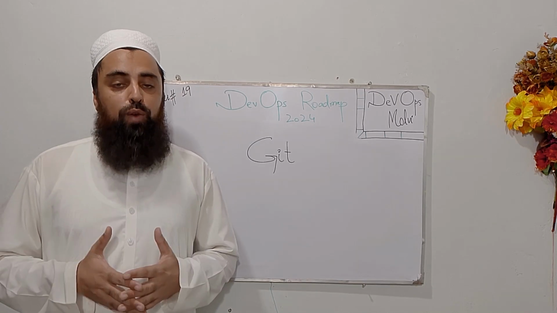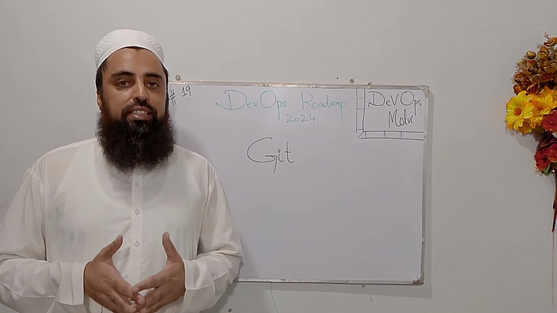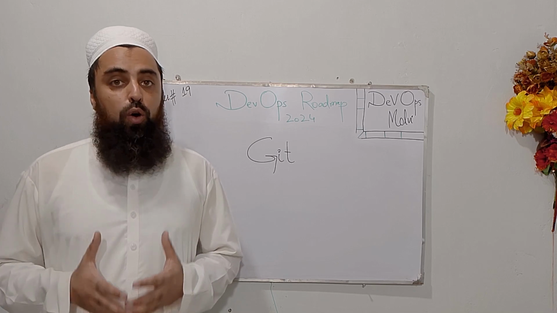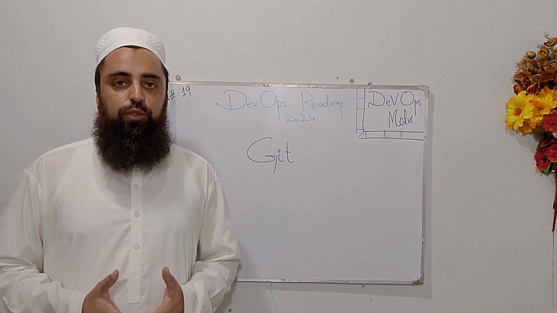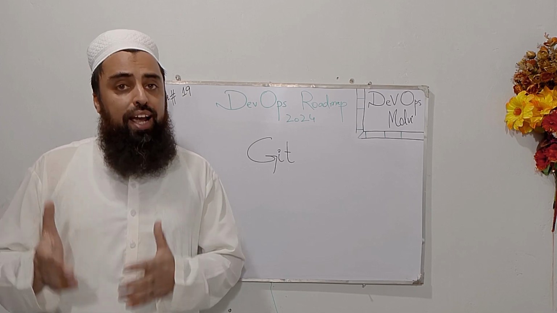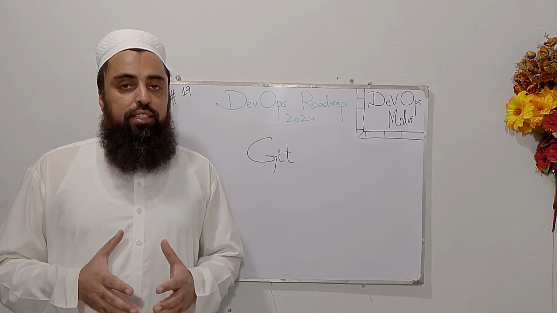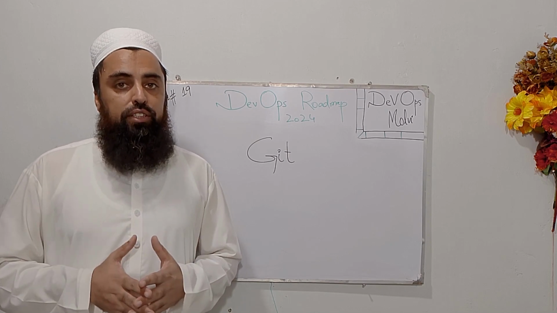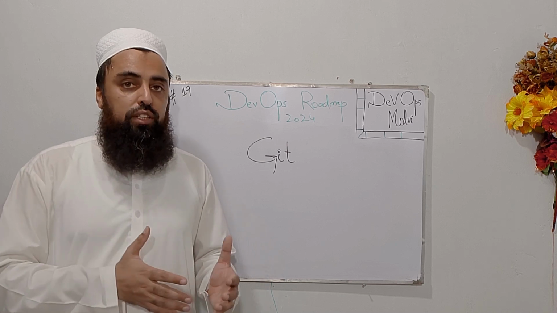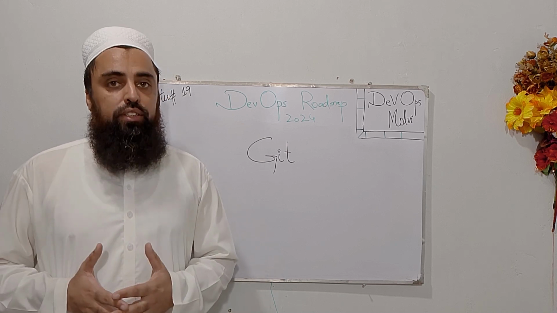Alright guys, now let's wind up this lecture. We have discussed the basic concepts of Git. Git is a version control system which helps to track the changes happening in our code. We also discussed the two main types of version control: centralized version control and distributed version control.